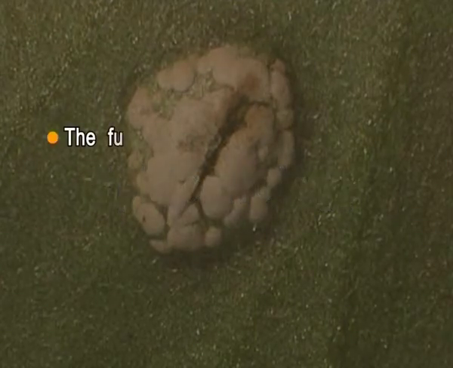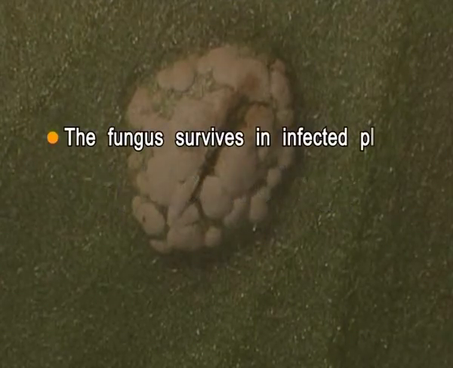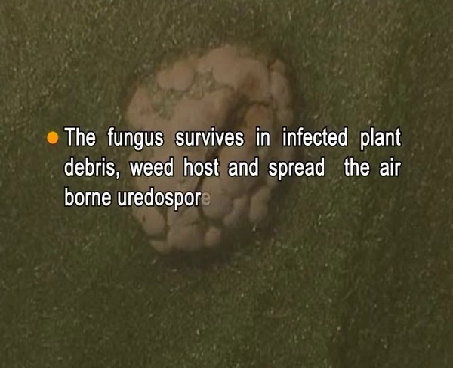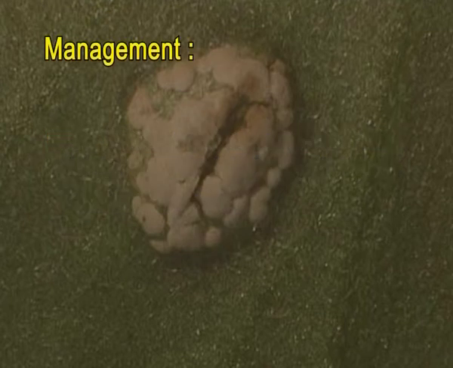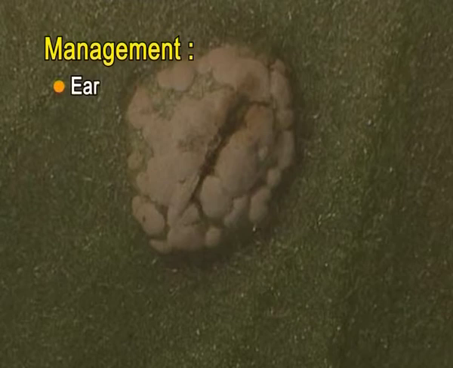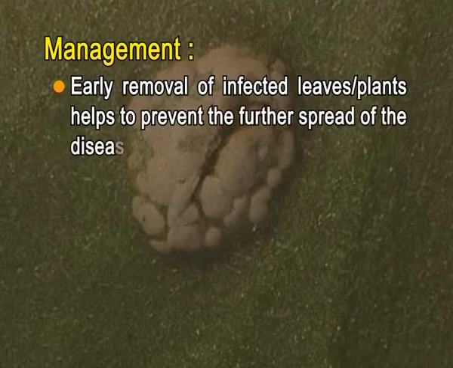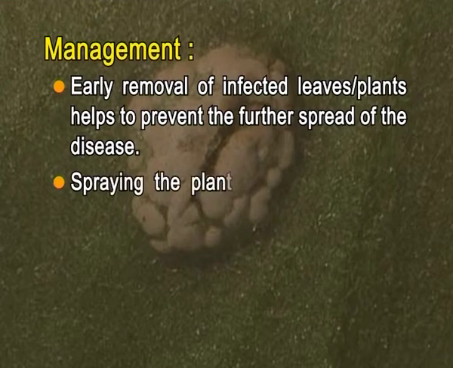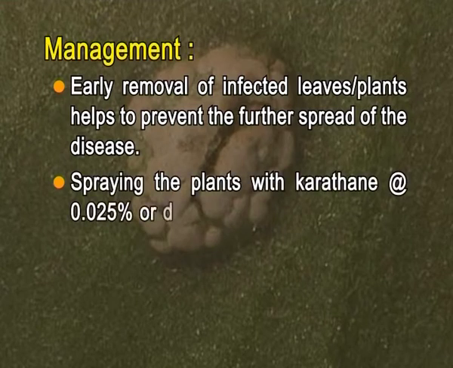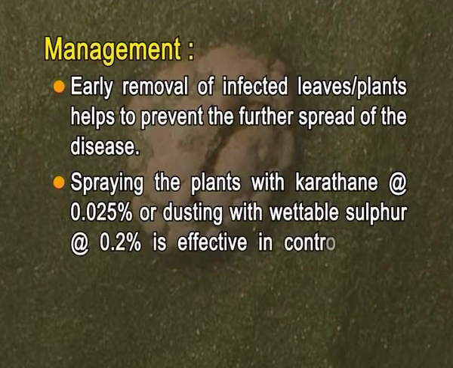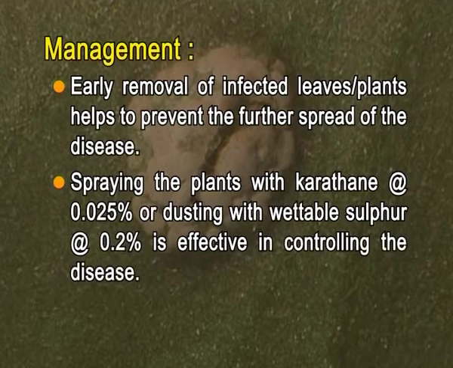The fungus survives in infected plant debris and weed hosts and spreads by airborne urediospores. Now let's see the management of the disease. Early removal of infected leaves or plants helps to prevent the further spread of the disease. Spraying the plants with Karathane at the rate of 0.025% or dusting with wettable sulfur at the rate of 0.2% is effective in controlling the disease.